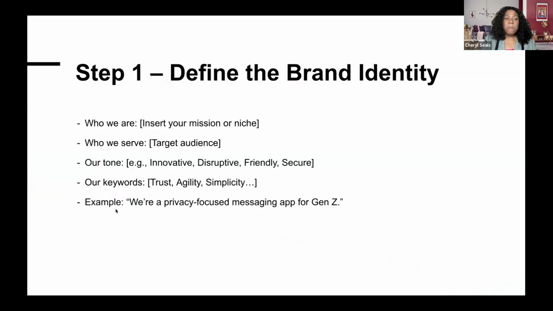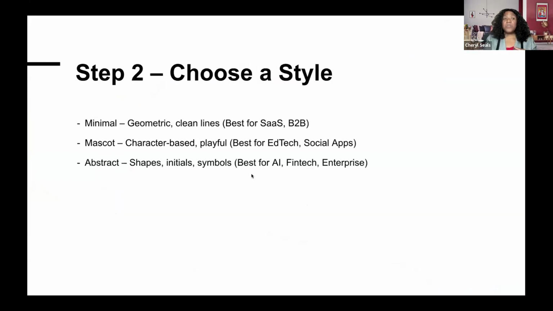So you want to think about who are we? Who do we serve? Think about your tone. So for me, I gave it a tone as friendly. I wanted it to be simple, and I gave it a tone. So you would choose a style. I chose a mascot as my style.